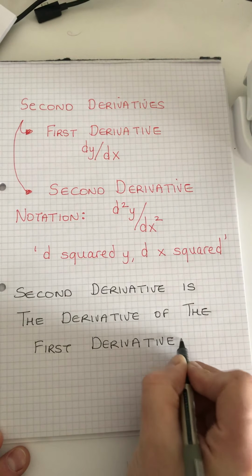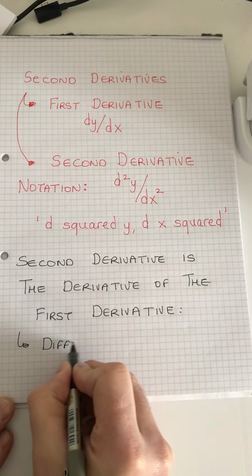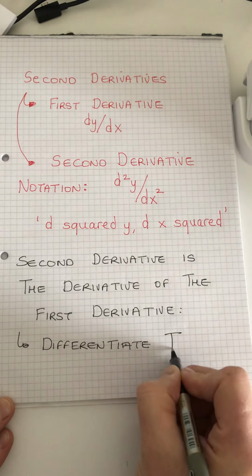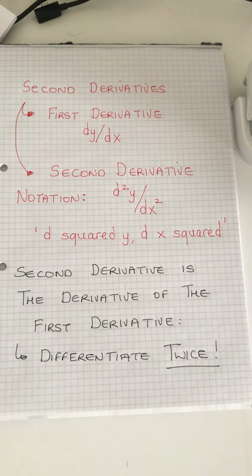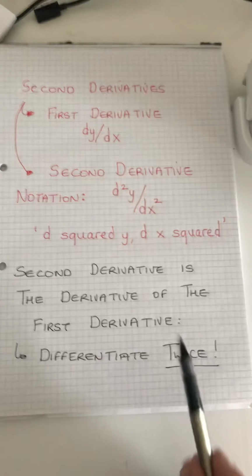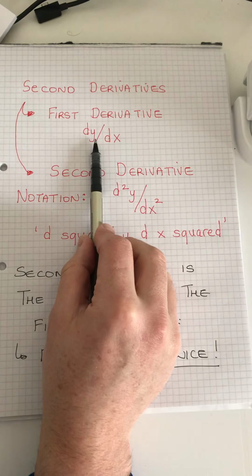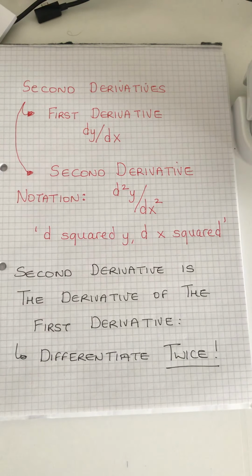So basically, what you're doing here is you're going to differentiate twice. Differentiate twice. Okay? So your second derivative is just the derivative of the first derivative. The first derivative, dy dx. The second derivative, d2y dx squared. And the second derivative is just the derivative of the first derivative.